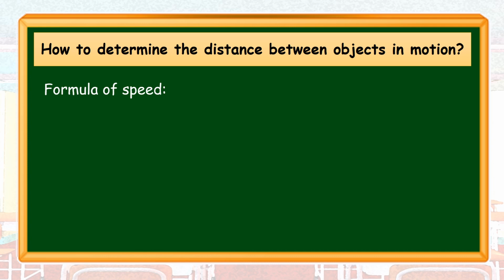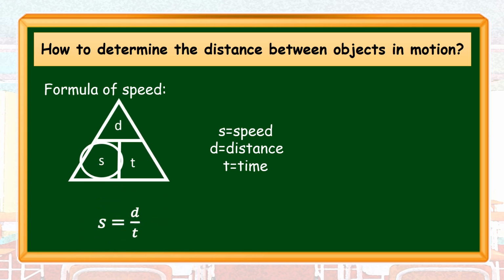To determine the distance between objects in motion, we can use the formula of speed. S stands for speed, D stands for distance, and T stands for time. So we can use the formula speed is equal to distance over time. From the given formula of speed, we can derive it to get the distance.